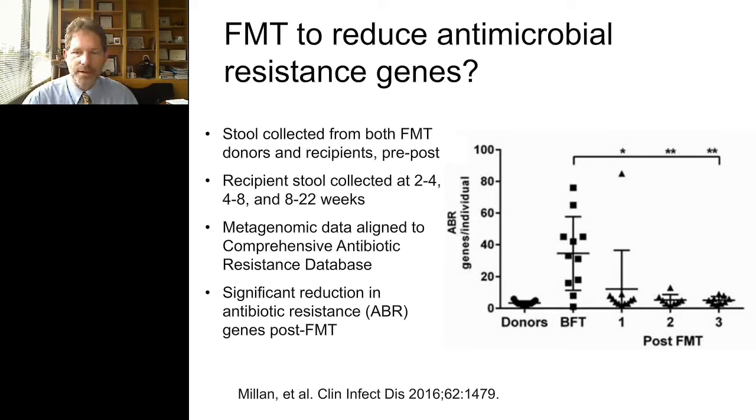But after FMT, you can see a really dramatic reduction in the number of detectable antibiotic resistance genes present in the fecal microbiota. So I think this is very promising and maybe a harbinger of another use of microbiota manipulation.